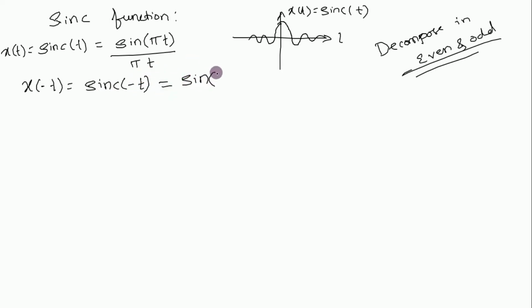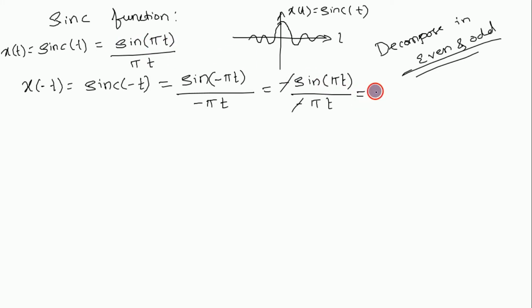Wherever you have t, replace it with minus t. Sine of minus pi t divided by minus pi t. So sine of minus pi t is, minus sign comes outside, sine pi t divided by minus pi t. So it cancels. You're left with sine pi t by pi t. So it is as good as sinc of t itself. So sinc of minus t is nothing but sinc of t.